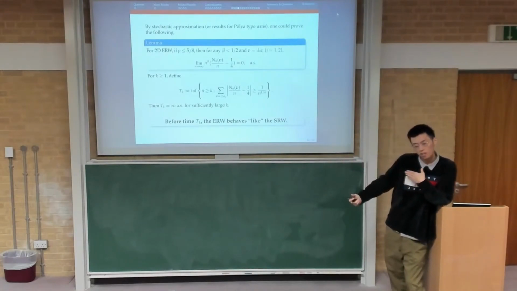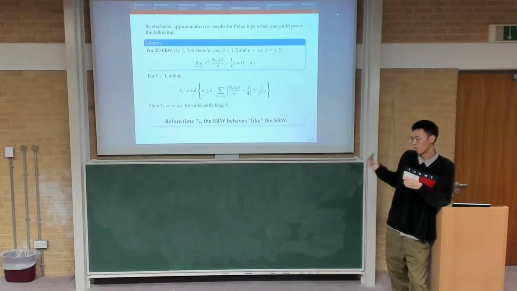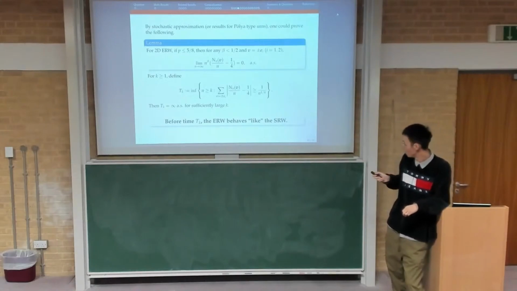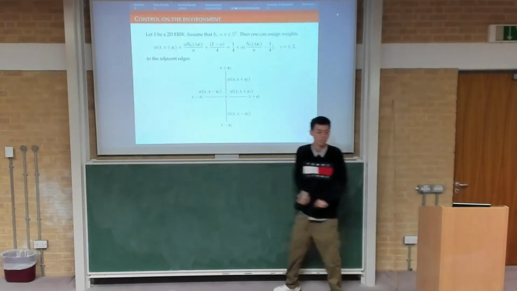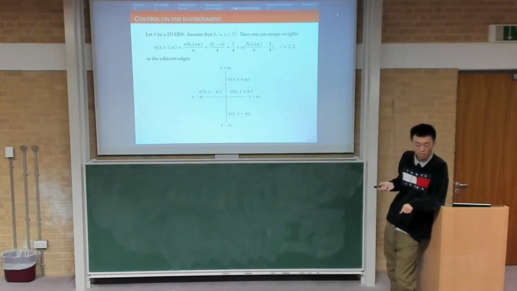Before time tk, this walk behaves just like a 2-dimensional simple random walk, because the local environment basically looks the same, with some small errors. So the second term is actually very small. Now we can use the Lyapunov function method.